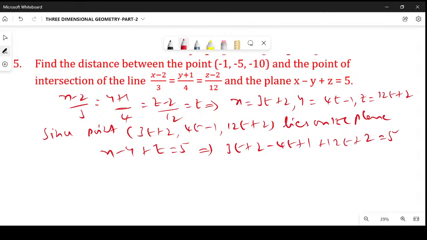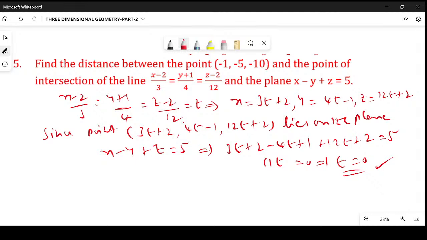Now I am going to solve the equation and find the value of t. 3t - 4t + 12t gives 11t, and 2 + 1 + 2 is 5, so 11t + 5 - 5 = 0. This implies t = 0.